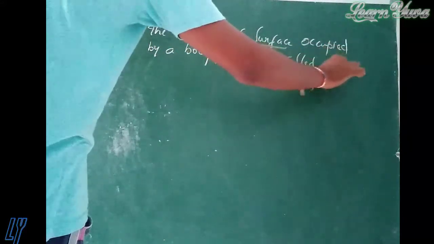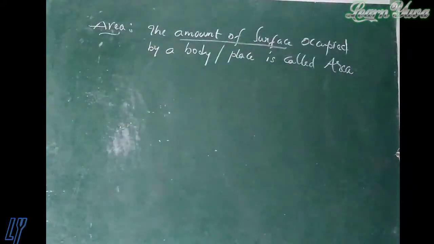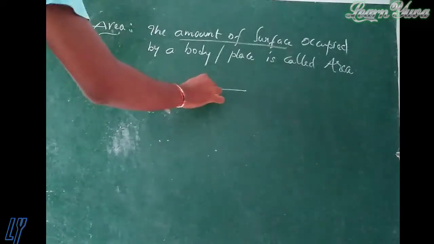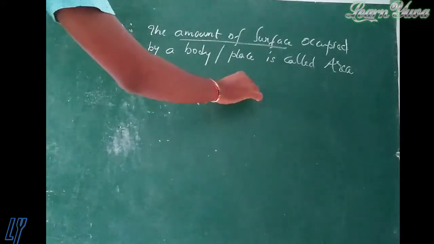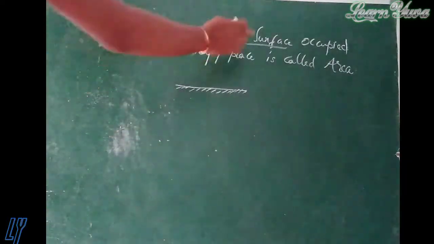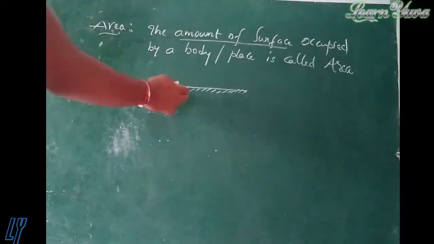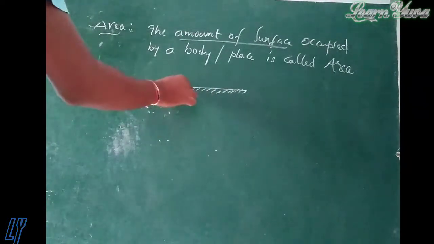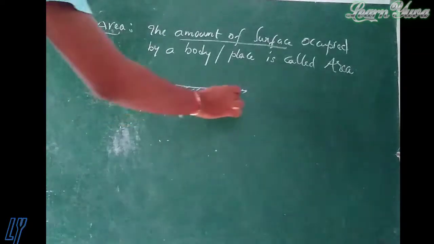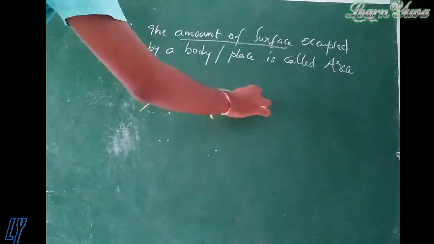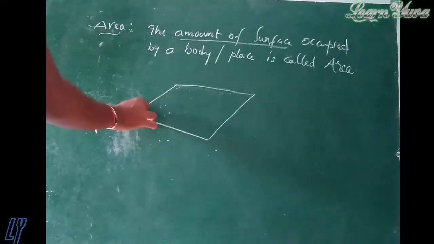It is called area. So it means it is the surface. So on the surface, if the body occupies, for example, it is the surface of a body.